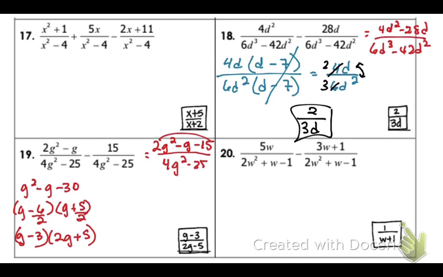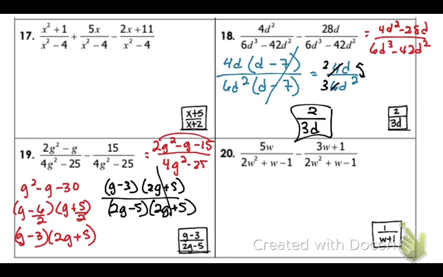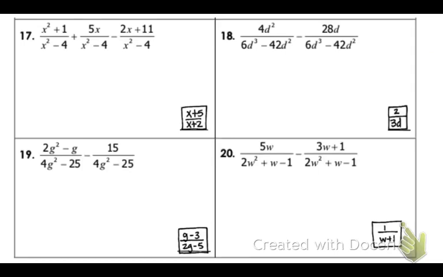So I get g minus 3, 2g plus 5. We're left with 2g minus 5 because that's a perfect square minus a perfect square, and 2g plus 5. So minus 5 and plus 5. These cancel. You're left with g minus 3 and 2g minus 5, which is what I had.